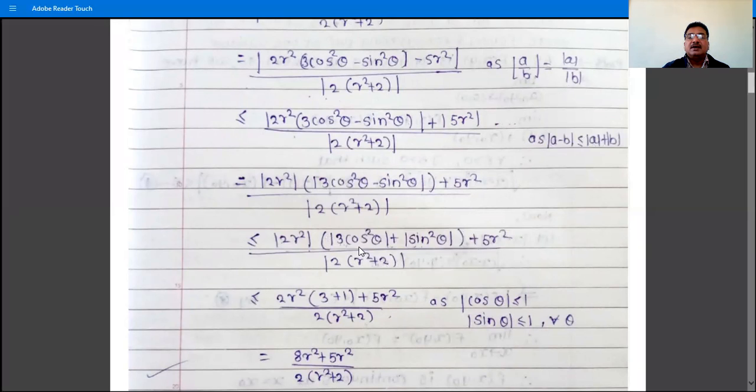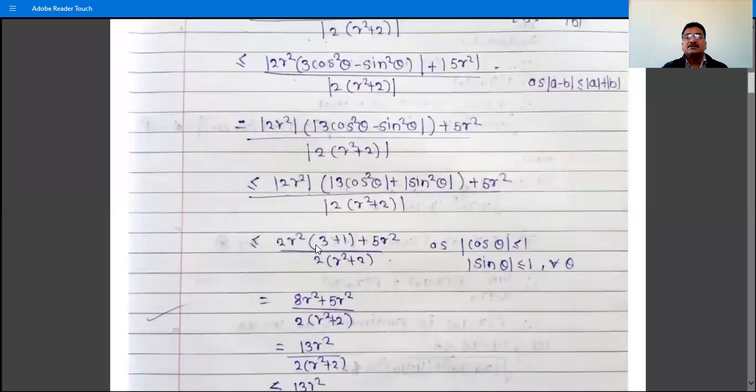And then here substitute mod cos cube theta as 1. Here again separate mod. Next step, mod 3 as 3 and mod cos square theta as 1, because mod cos theta is less than or equal to 1. So here the sign is less than or equal to 1, its largest value. Mod cos square theta is 1, mod sin square theta is 1, because mod sin theta is less than or equal to 1. Then plus 5 r square.